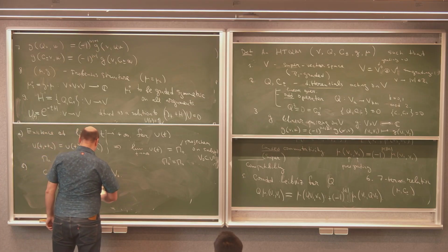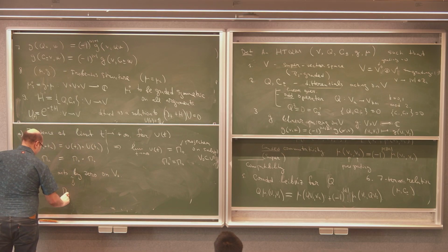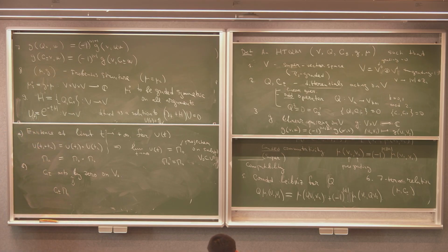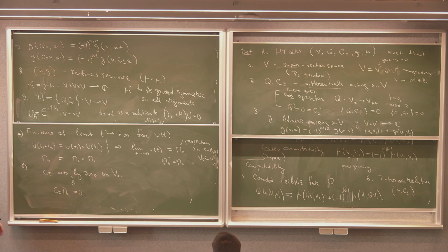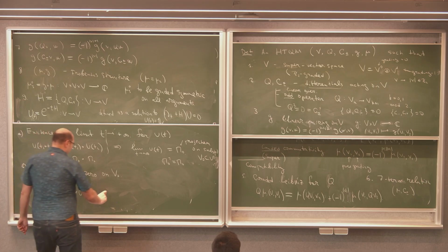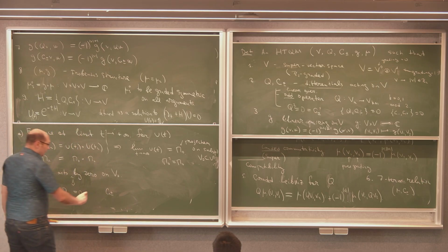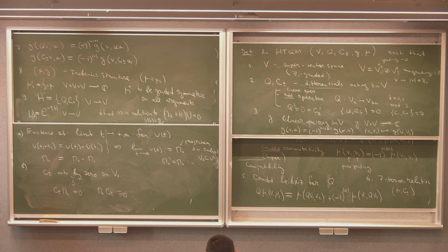An equivalent formulation is this property: if I take a vector and project it to V0 and apply G plus minus, I will get 0. And similarly, if I take a vector, act by G plus minus and then project it, I will also get 0.